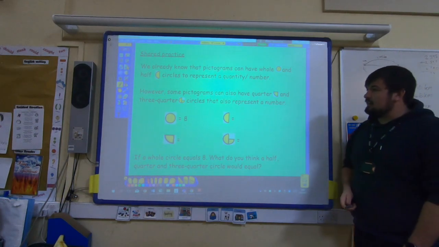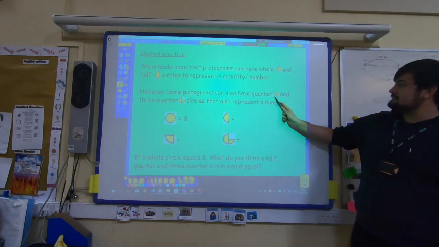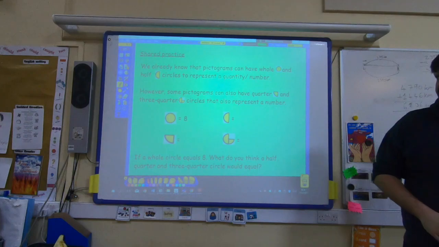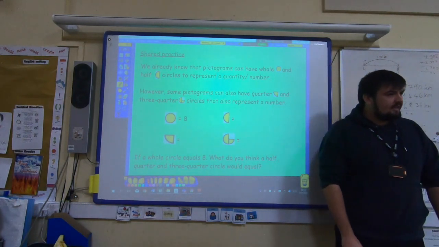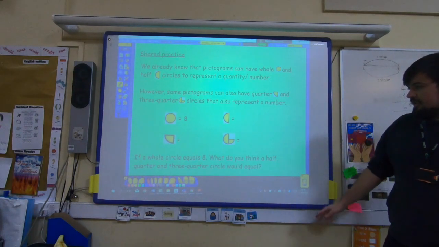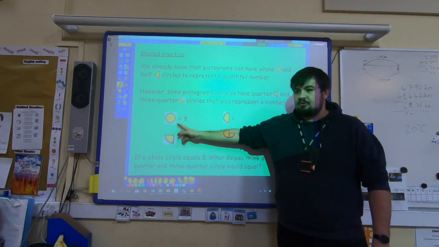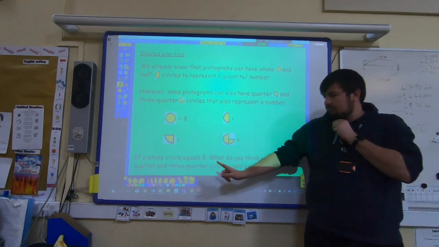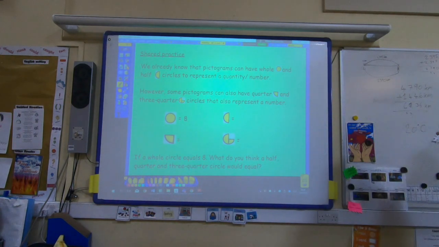Some pictograms can also have quarters and 3/4 circles that also represent numbers. So let's answer these then, because I want to know if a whole circle equals 8, what do you think a half, quarter and 3/4 circle would represent?